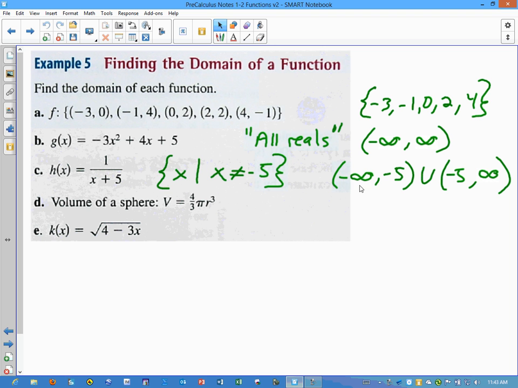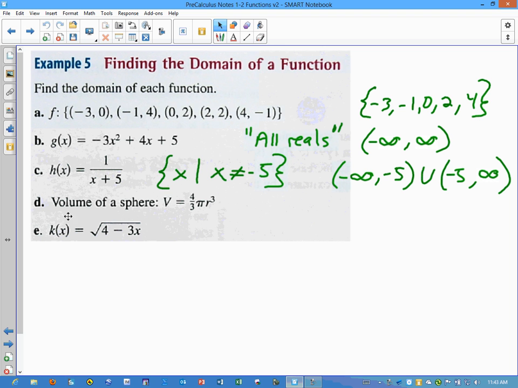So this is basically negative infinity to positive infinity, but not including the -5. Notice how the parenthesis here and the parenthesis here means -5 is not included in either of those two intervals. So as a whole, this would be every number except -5.